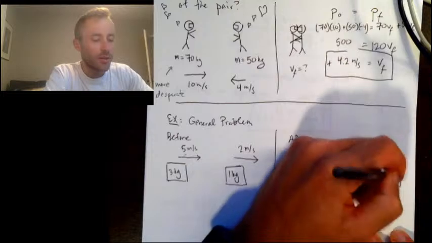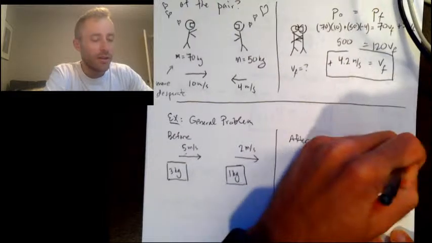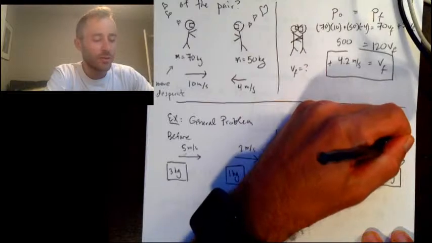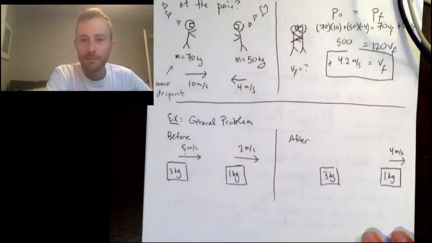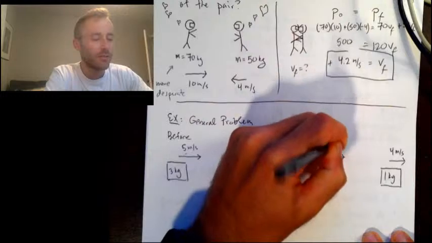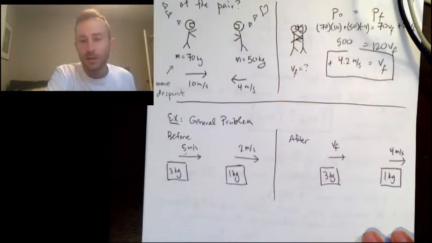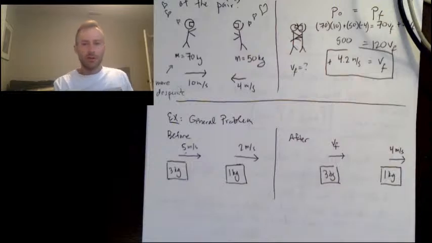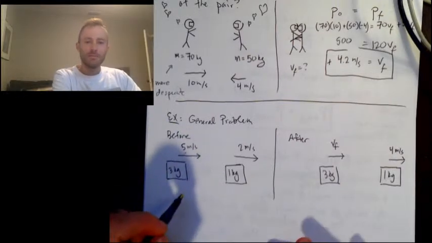So the 1 kilogram block is now headed to the right at, let's say, 4 meters per second. And then we want to know what is the final velocity of the 3 kilogram object.